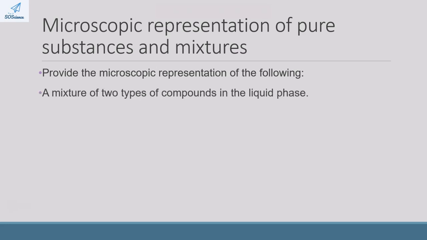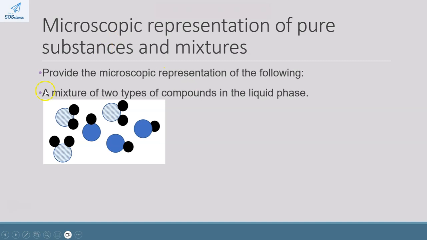So firstly, a mixture of two types of compounds in the liquid phase. Well, the liquid phase tells you that they've got to be close together. The particles that make up the liquid have got to be close together, but not in an organized pattern. Now we've got two types of compounds. Remember that what defines a compound is two or more different types of atoms.